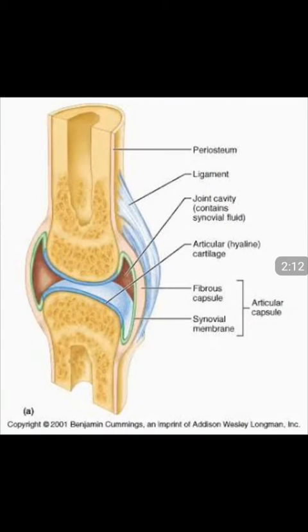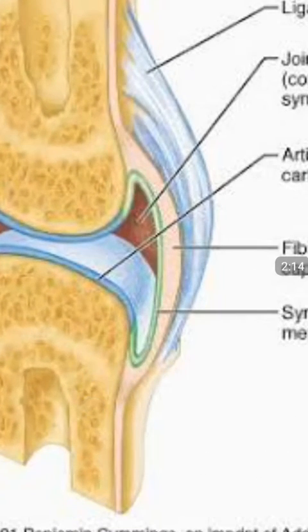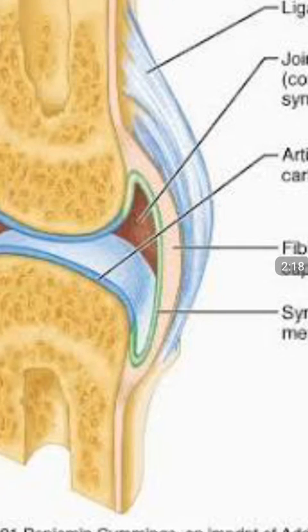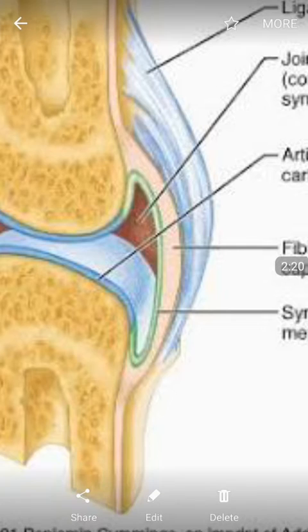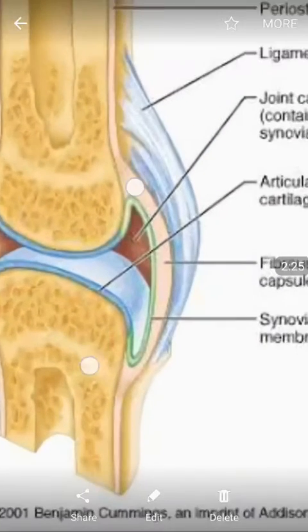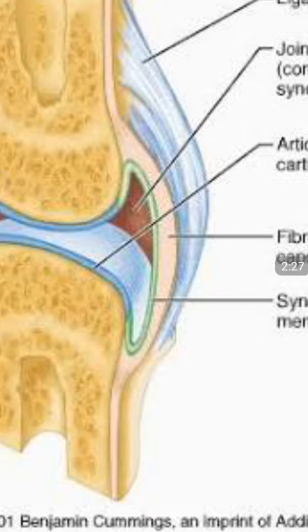In the next diagram we can see very well this pink layer in between, which is actually the fibrous layer, whereas the green layer is the synovial layer of the capsule.